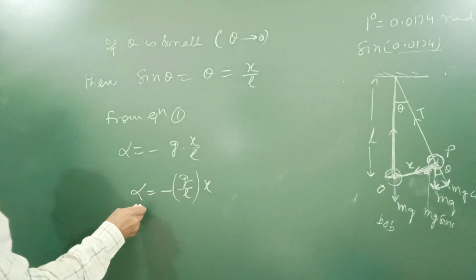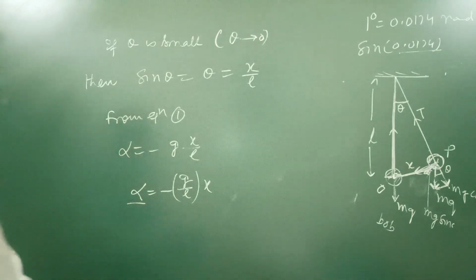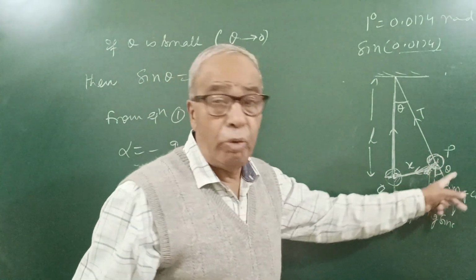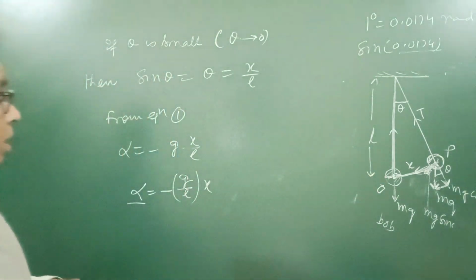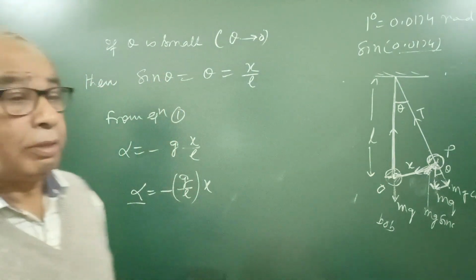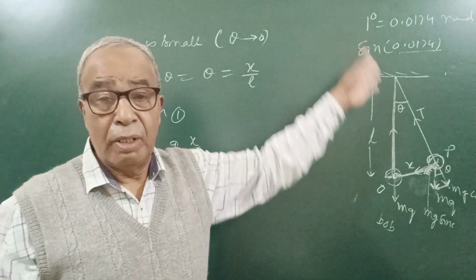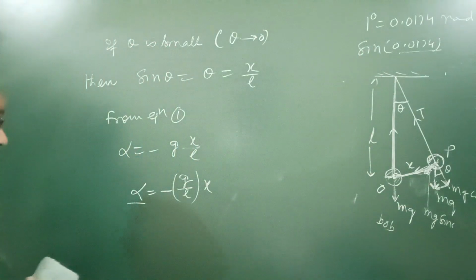I am telling again, alpha is the acceleration of the motion of the bob, x is displacement, g is acceleration due to gravity which remains constant at one place, and L is length.